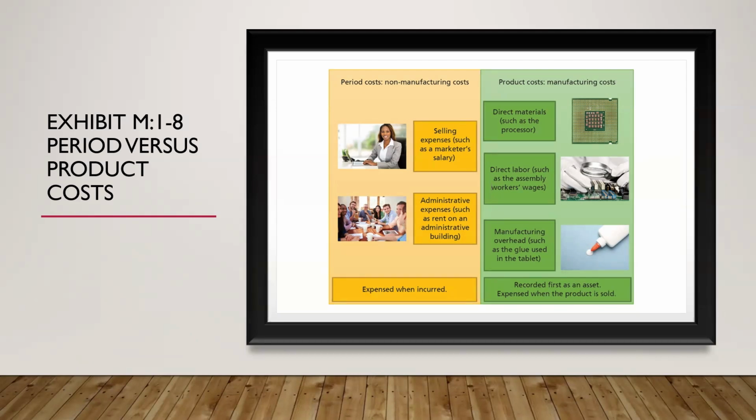And the product costs you see on your right, the green section, are manufacturing costs. That will include your direct materials, such as the processor. You have your direct labor, such as the assembly workers' wages. And then you have the manufacturing overhead, which is the glue that is used in the tablet. Now, these are all recorded first as assets, and then they are expensed when the product is sold.